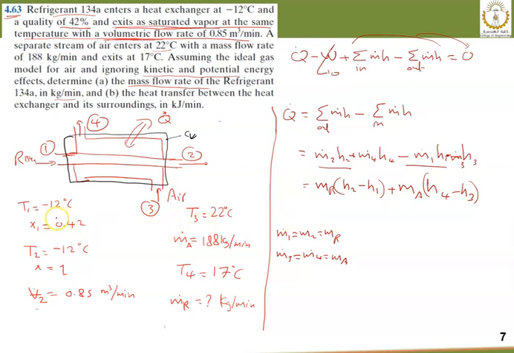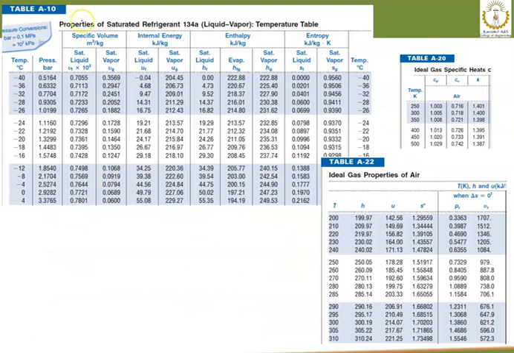For state 1 of the refrigerant, minus 12 and 0.42, we go to the property table of the refrigerant. Again, make sure that you use the right table, and we have a temperature of minus 12, right? Yes, so minus 12.